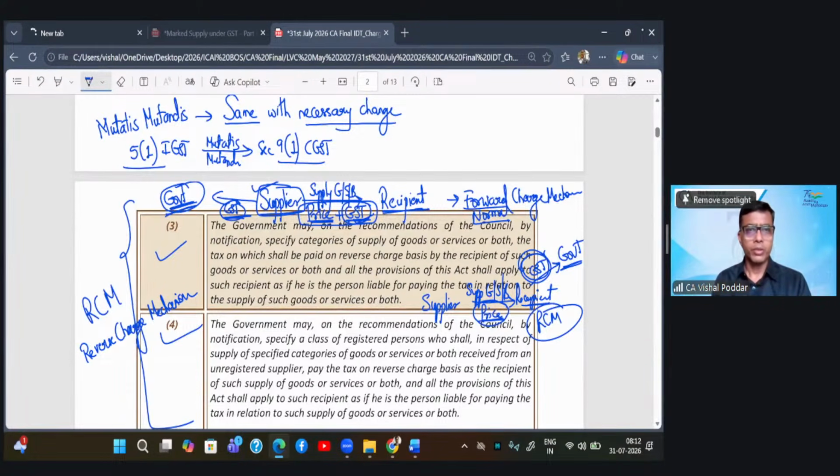Understand this. So the government finds it convenient that if tomorrow I have to do the checking, I have to take any action if the tax is not paid to us, then for us it is convenient to take action against whom? So in 90% plus transactions, it is the supplier. Why?